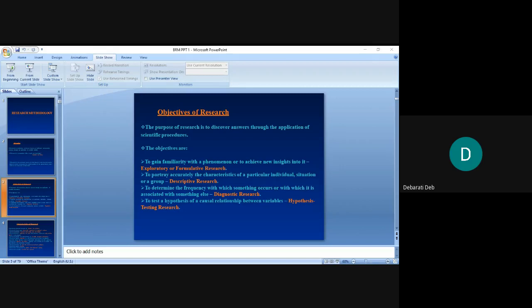That is descriptive research. Then diagnostic research. The objective of diagnostic research is to determine the frequency with which something occurs or with which it is associated with something else. So diagnostic means, when doctors diagnose a health issue, they try to find out the real problem behind the disease, and then they prescribe medicine for it, right?